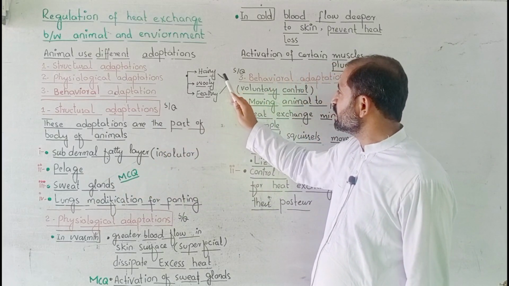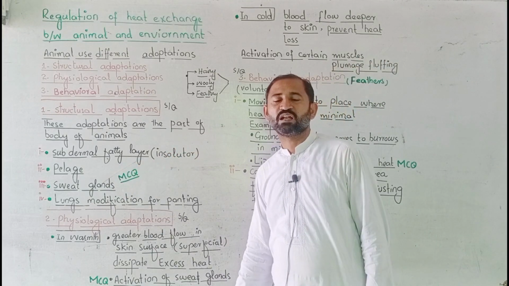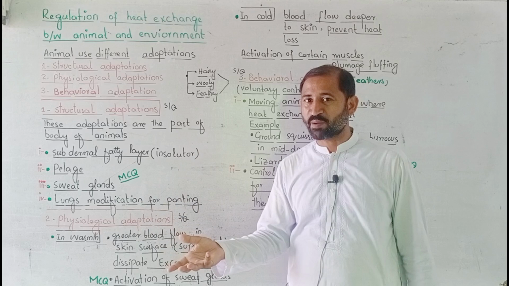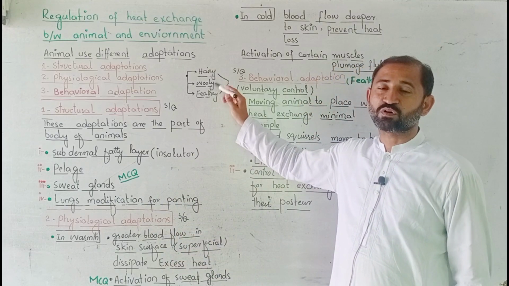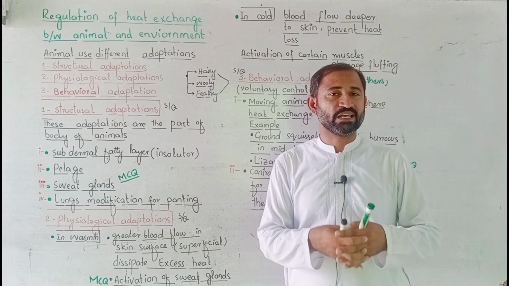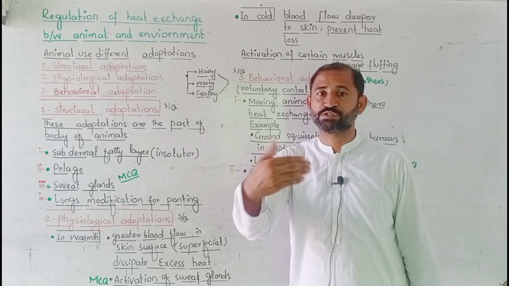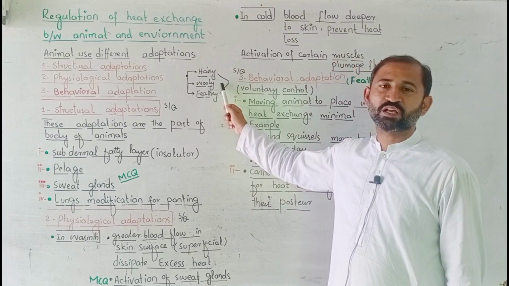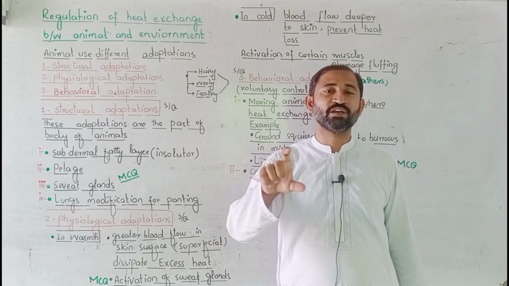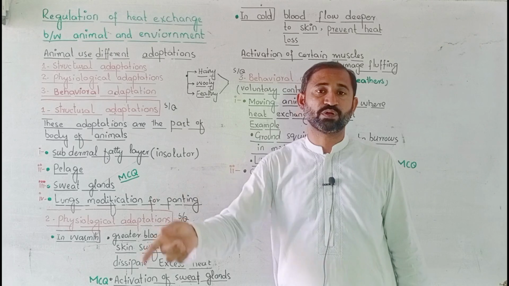Like the hairy layer in our body or in some other animals, in large mammals, this hairy coating traps a layer of air within the hairs, and this layer of air acts as an insulator and does not allow the escape of heat from the body to the outer environment. It may be a woolly coating in the case of sheep. In sheep there is a woolly coating over the whole body, and this acts as an insulator and does not allow heat to escape.